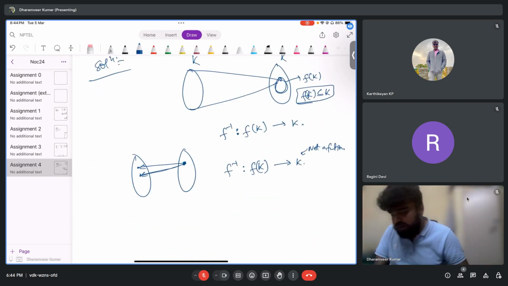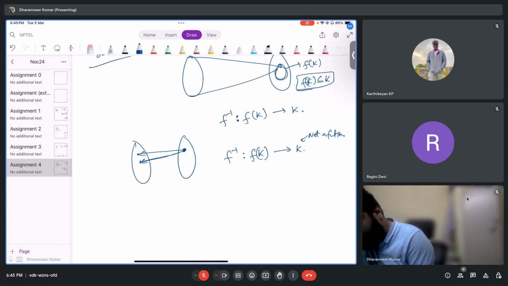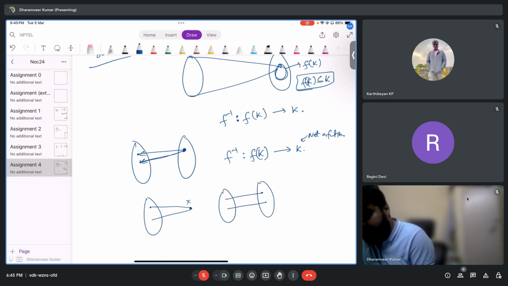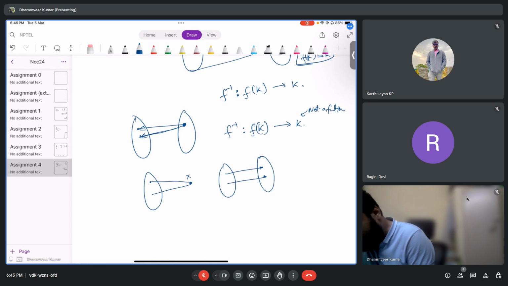So to check 1 to 1, what do we do? You want to understand something like this, right? You don't want this case, you want this case. So you start with 2 points, x1 not equal to x2. This implies f of x1 not equal to f of x2.